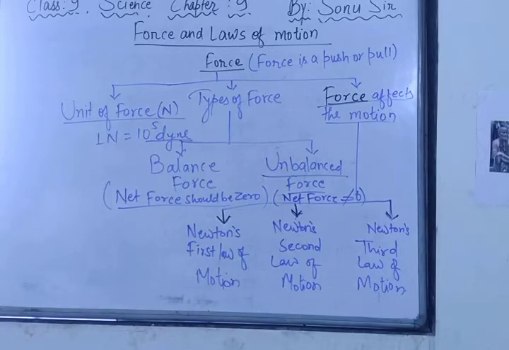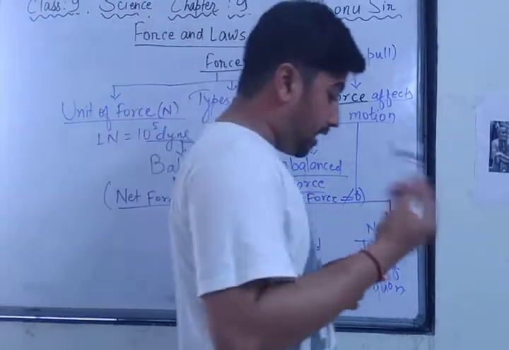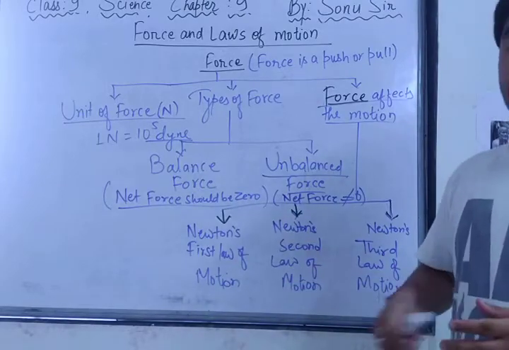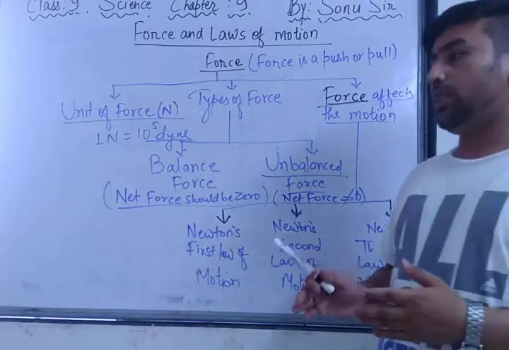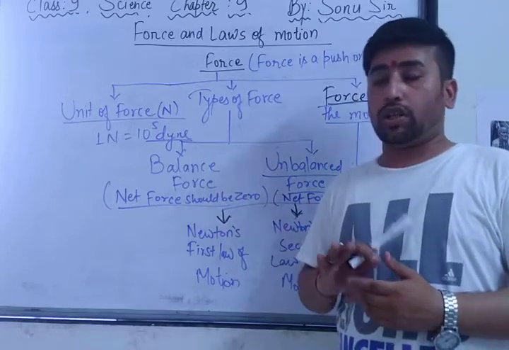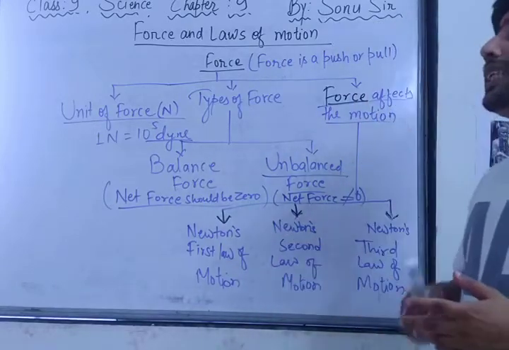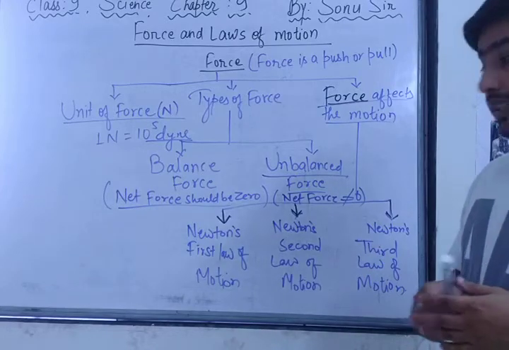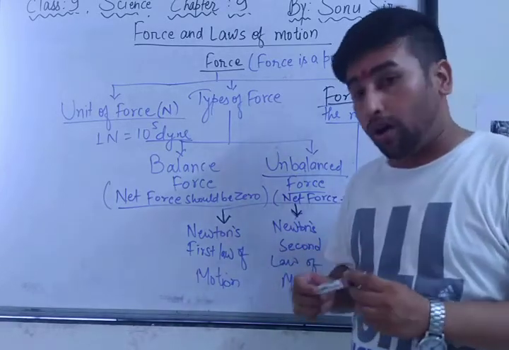Now, as I have told you about the external force, until and unless an external force is applied on it, it will not change, either the body is at rest or in motion. That's why this law is also called the law of inertia.